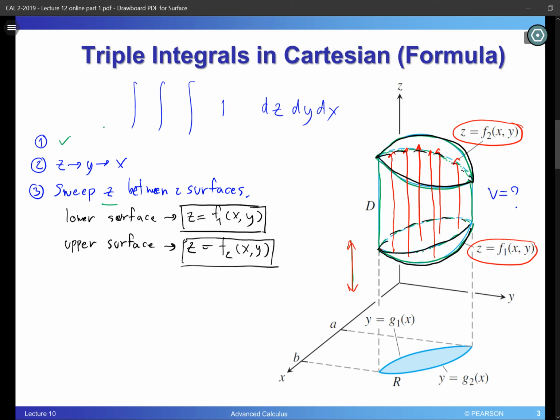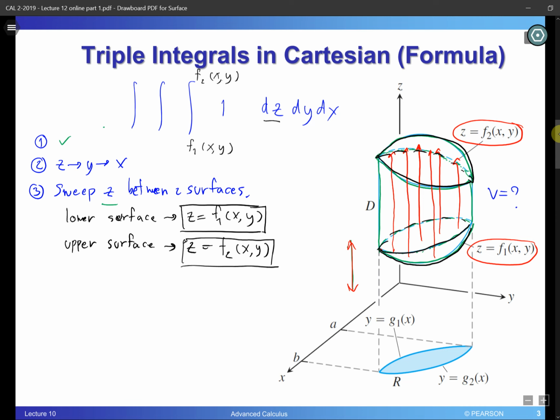So let's put these two boundaries into place. Now you know the boundaries for the first variable z.